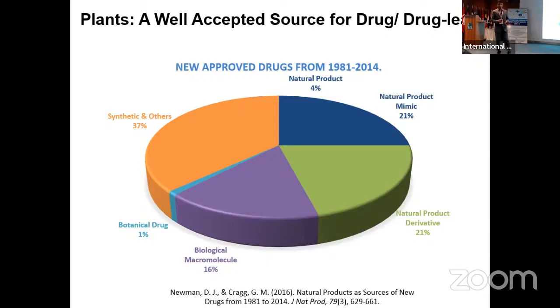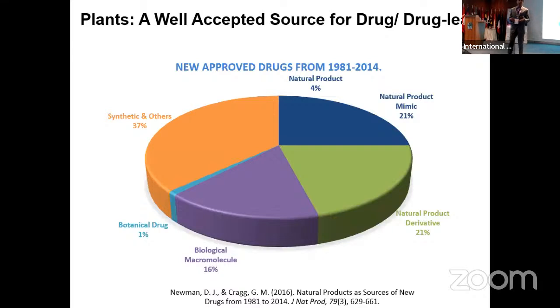I think since last 2 days, we are listening about the importance of natural products, and especially the compounds that are isolated from the natural product. So you can see in this slide, since 1981 to 2014, several drugs and lead molecules have been isolated from plants.